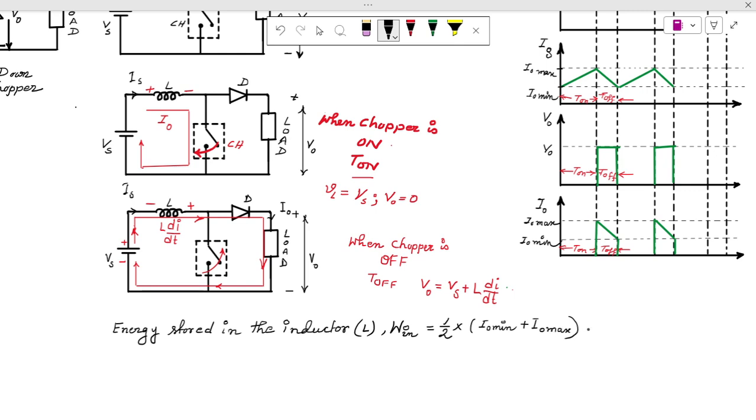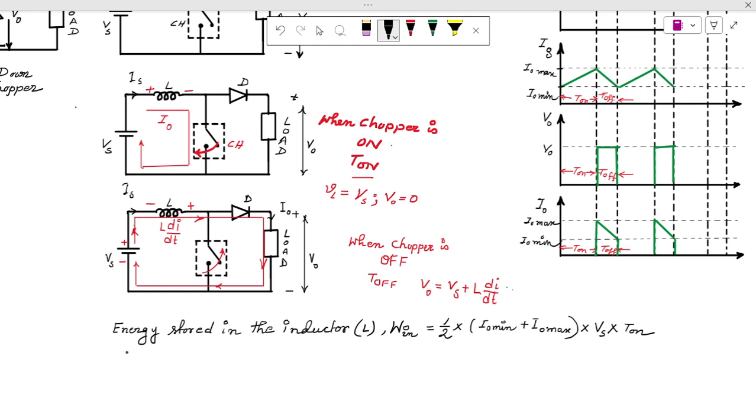Next, the energy stored: the voltage across the inductor is Vs and required time is T1. So the energy is stored.